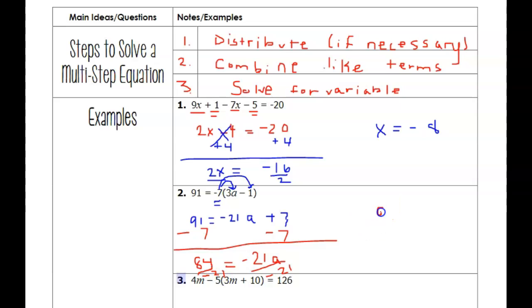And so I end up with a equals 84 divided by -21. And that is -4.